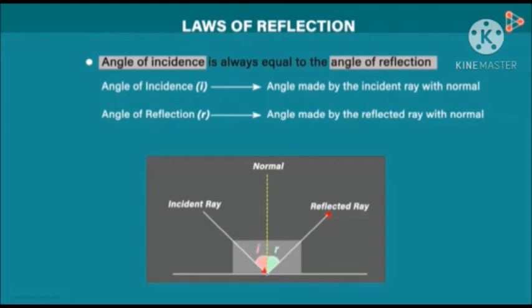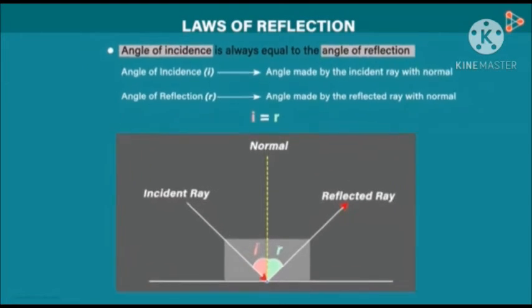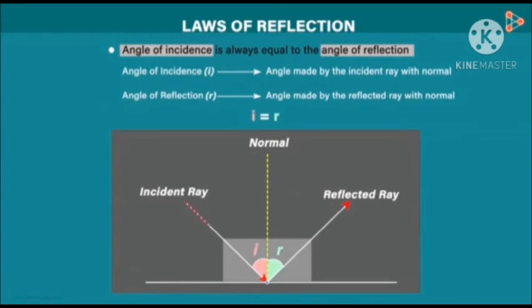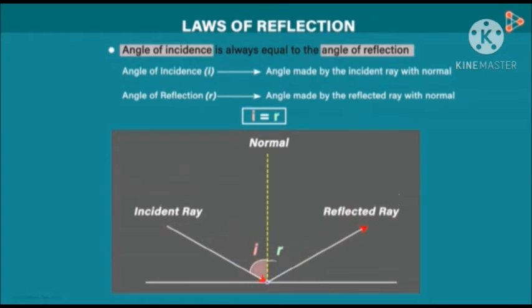The first law says the angle of incidence is always equal to the angle of reflection, meaning i is equal to r. It means if the incident ray strikes and reflects back like this, then i is equal to r. If we move the incident ray, the reflected ray also moves, and the angle of incidence and angle of reflection also change and will remain equal.